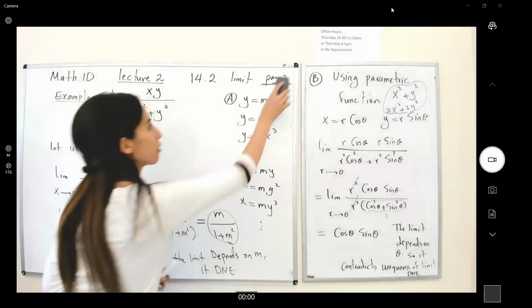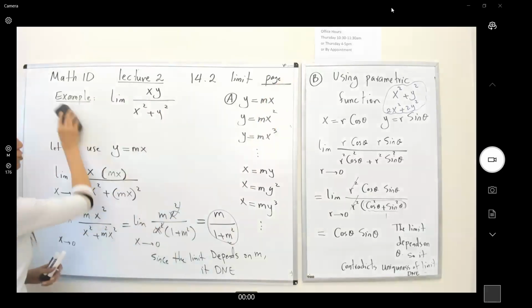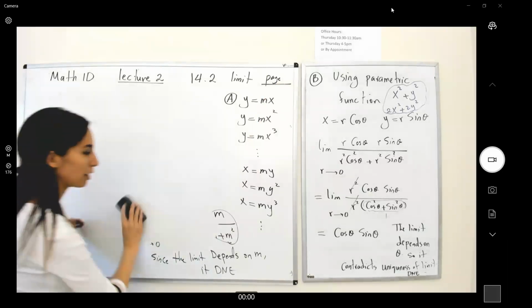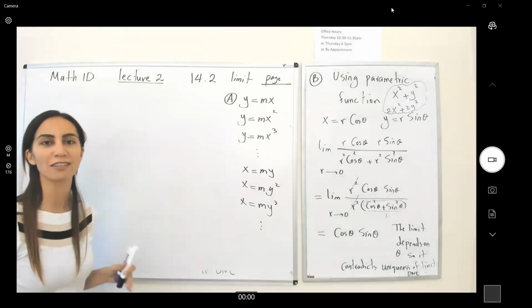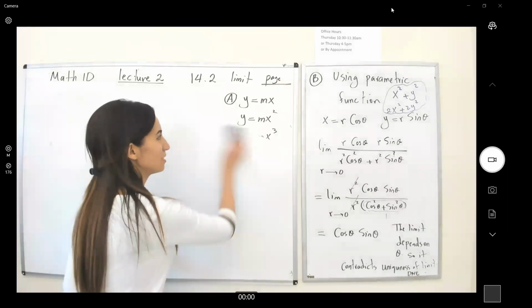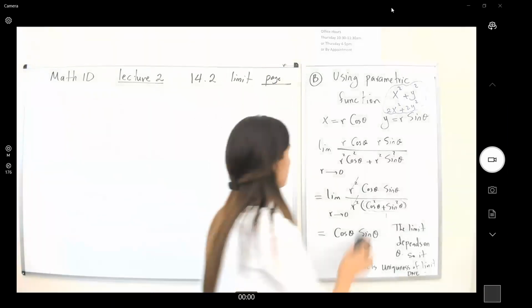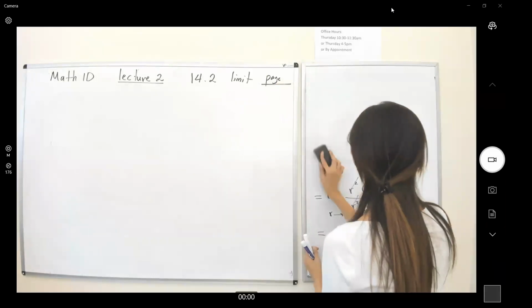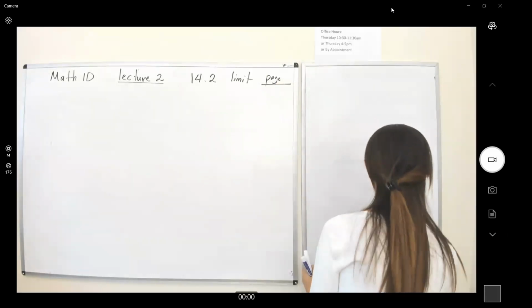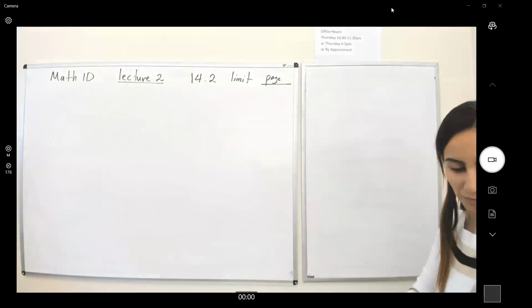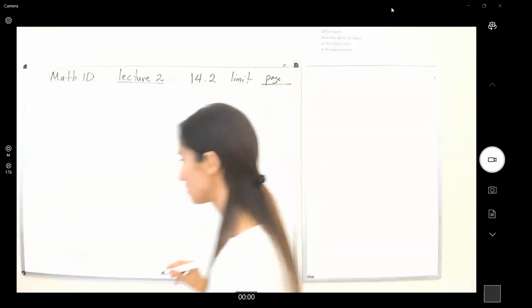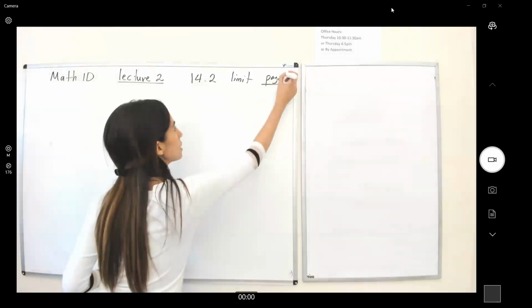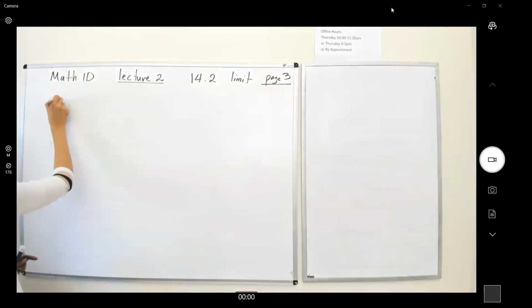So on page 3, we have 2 checkpoints. Please take your time, think about these two, apply either of these methods. Page 3, checkpoint 1.